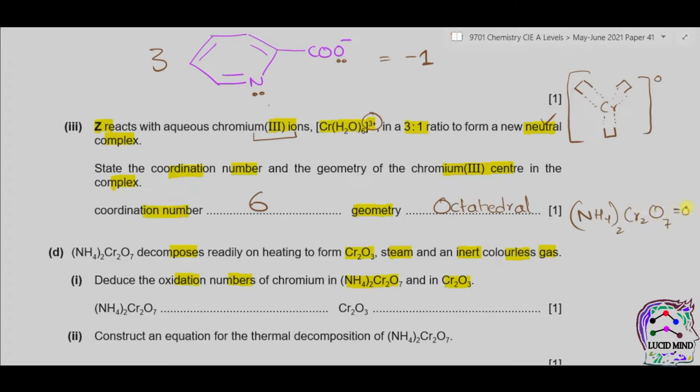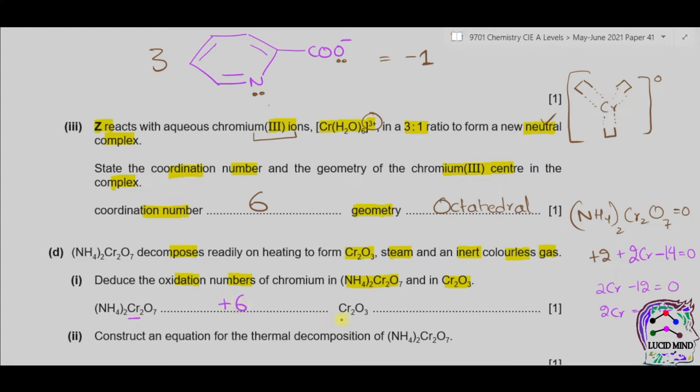Overall charge is 0. As we have ammonium, the charge on ammonium is +1, and we have 2 ammonium, so total charge will be +2. Then we have 2 chromium, so we can write 2 Cr. 7 oxygen, the oxidation state will be -14, so -14 plus 2 becomes -12. 2 chromium becomes +12 and 1 chromium will be +6.